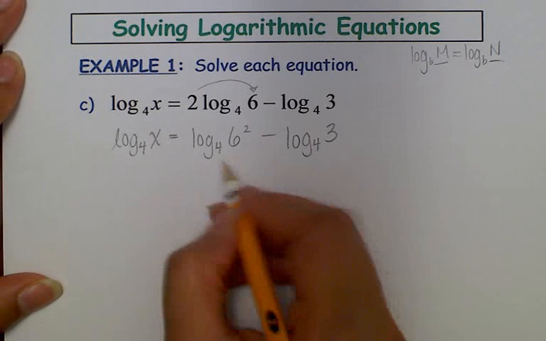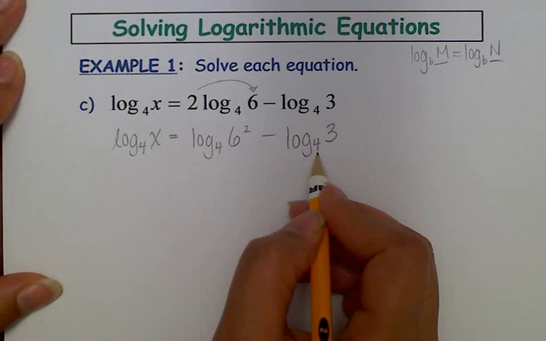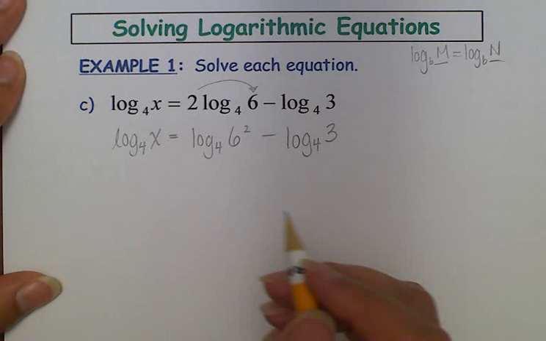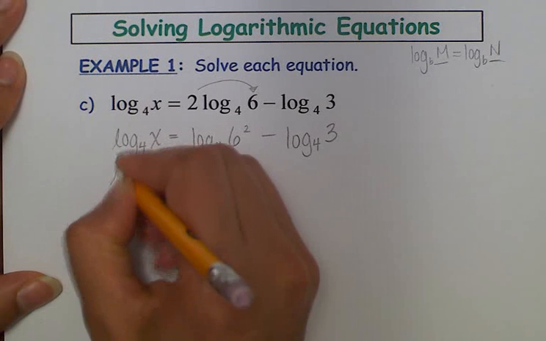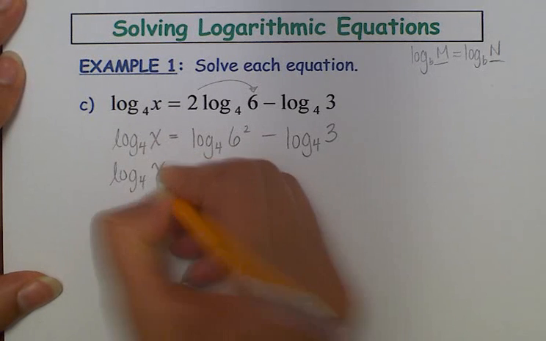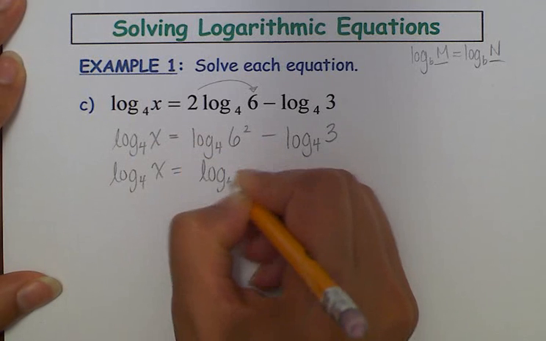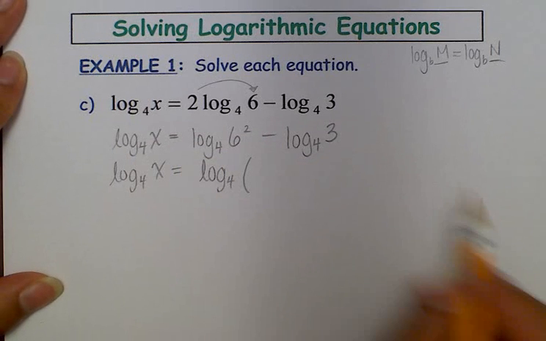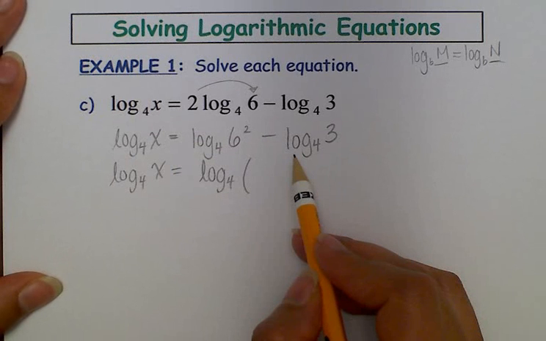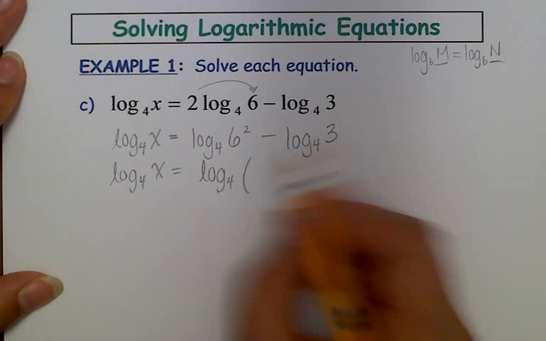Because I'm subtracting two logarithms with the same base, I can apply the quotient law of logarithms, and I get log base 4 of x equals log base 4 of... now the quotient law indicates that if you're subtracting logarithms with the same base, then you can also rewrite it as division.